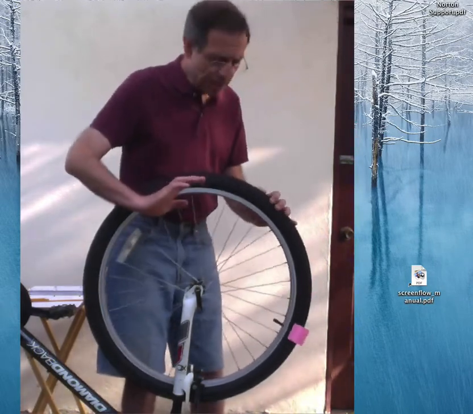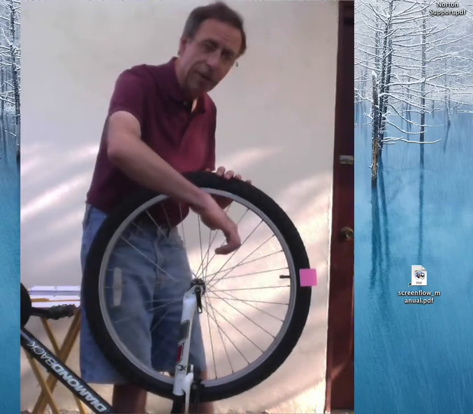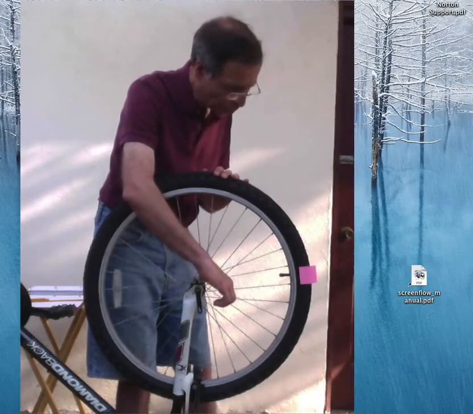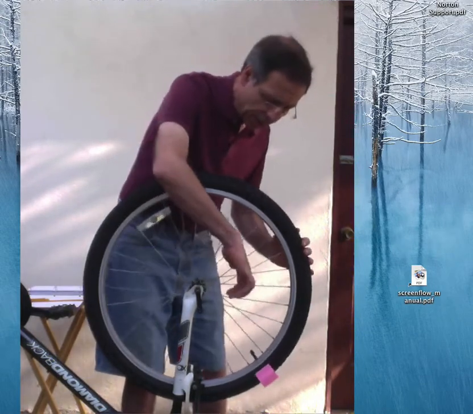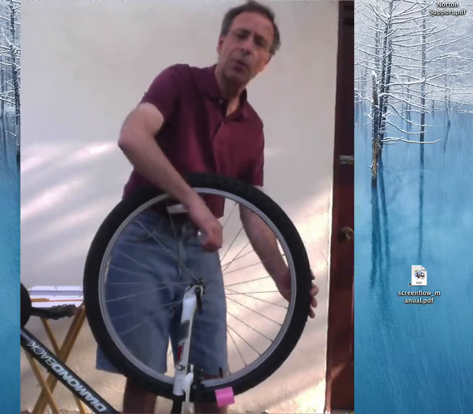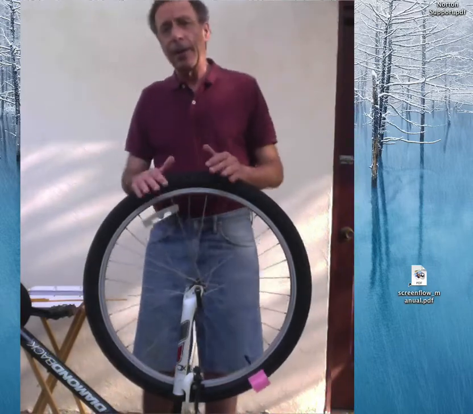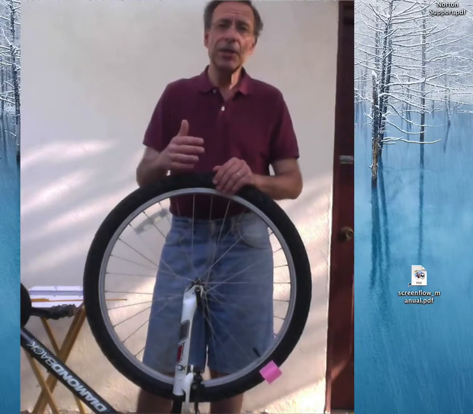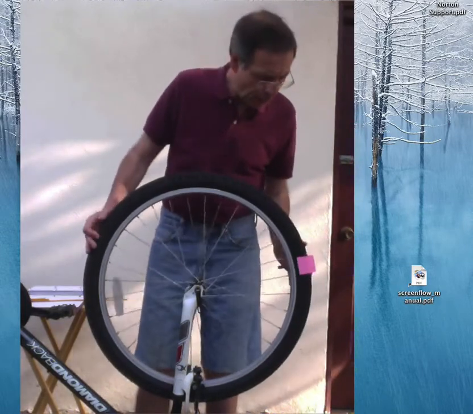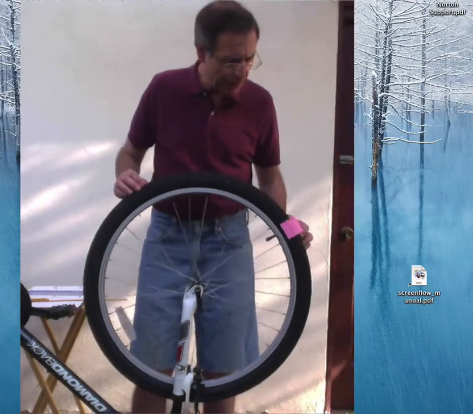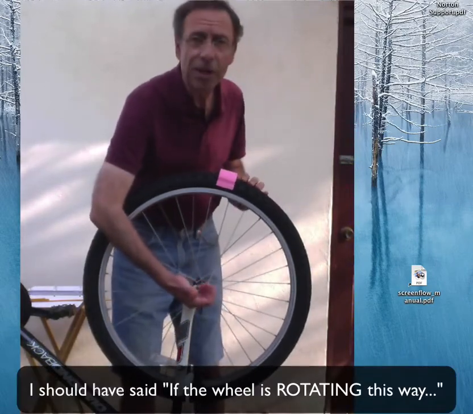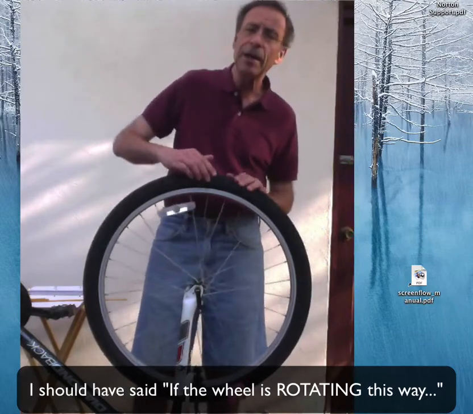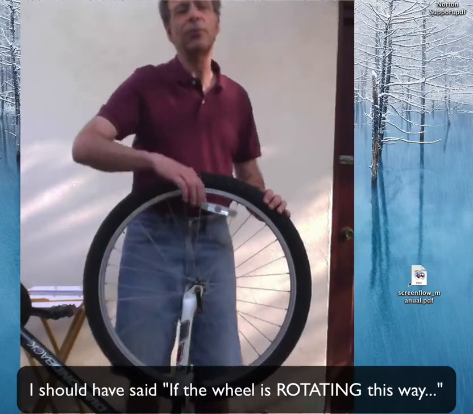To make my fingers curl the other way, now my thumb is pointing away. Now it turns out that physicists use a rotation vector. So if the wheel is turning this way, the rotation vector is pointing towards you, like my thumb. If the wheel is turning the other way, the rotation vector is pointing away from you.